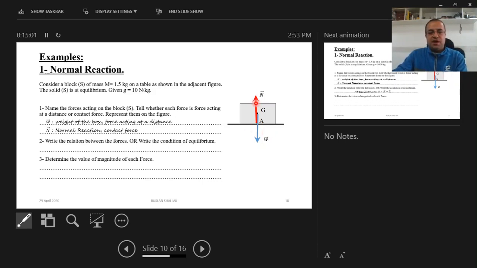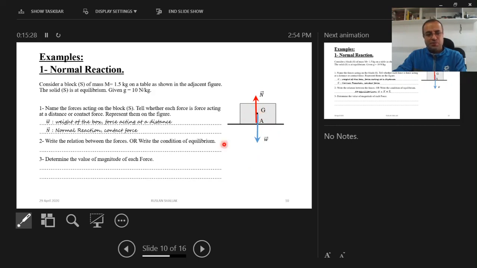So here, N is a contact force. The point of application is the point of contact between the surface and the box, here, and it's the start of the red force, which is N. Weight is a force acting from a distance. Its point of application is the center of gravity of the box, which is the point G.